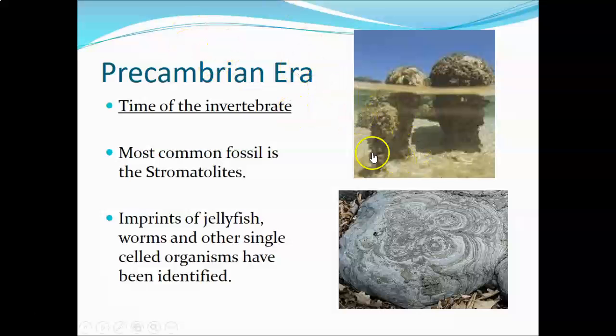And so one of the most ancient life forms that we can find, and actually a very sustainable life form, because they can still be found here today on Earth. So a very simple life form. And so once again, that is Precambrian stromatolites. More than likely, there were some other soft shell or soft body organisms that have formed. We just don't have a great record of them because they don't fossilize all that easily.